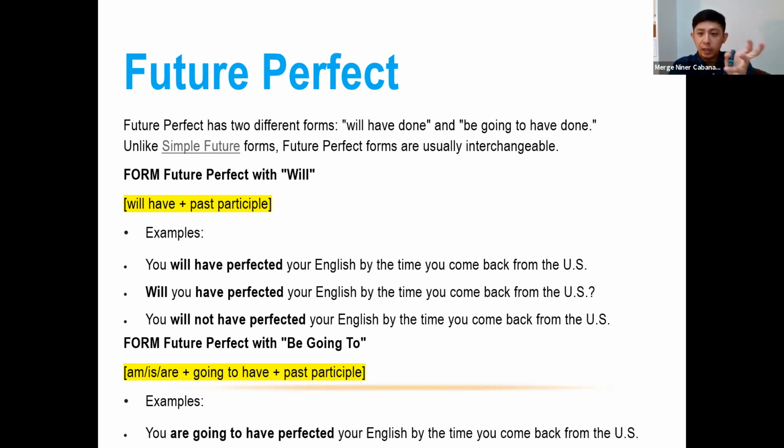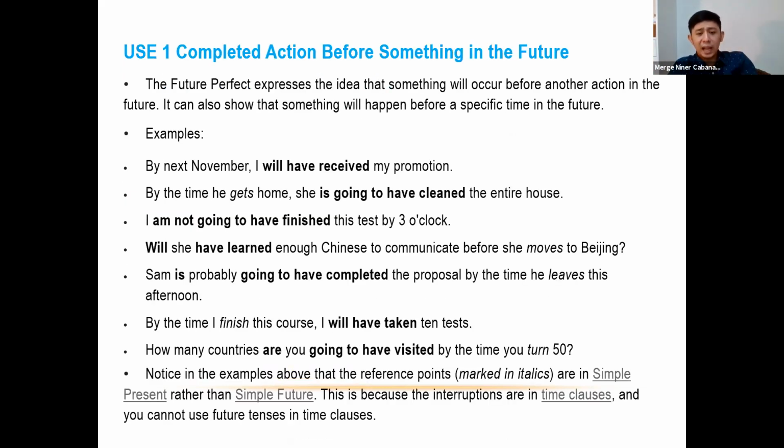They form the same. You need to have the possessive verb have, no has, no had, only have, plus the past participle. So completed action. By next November, I will have received my promotion. By the time he gets home, she's going to have cleaned the entire house. I'm not going to have finished this test by 3 o'clock.